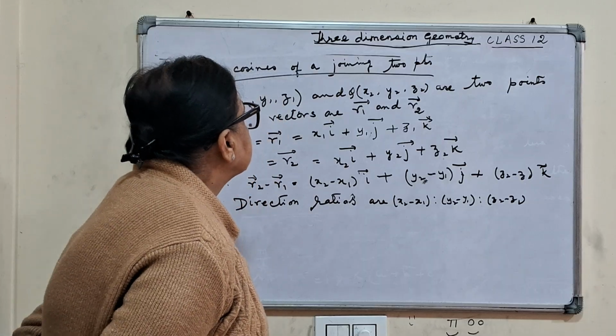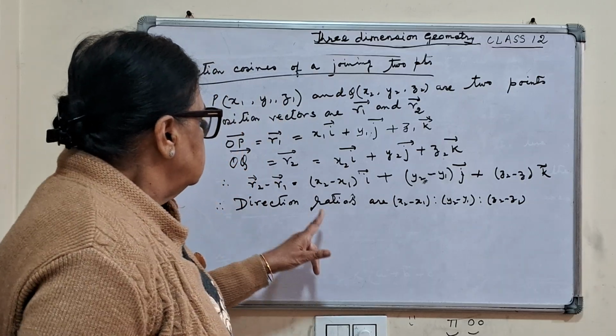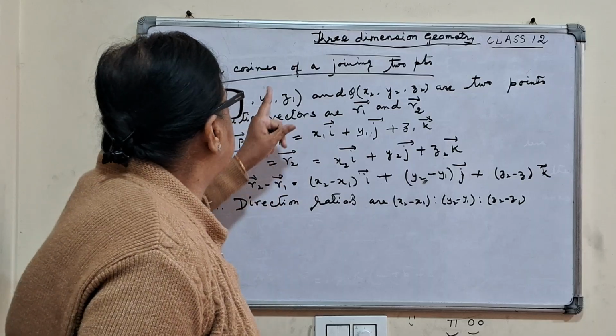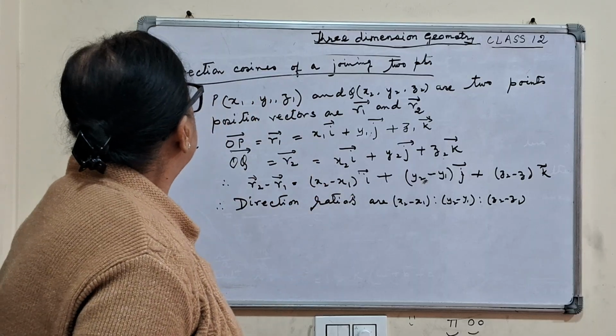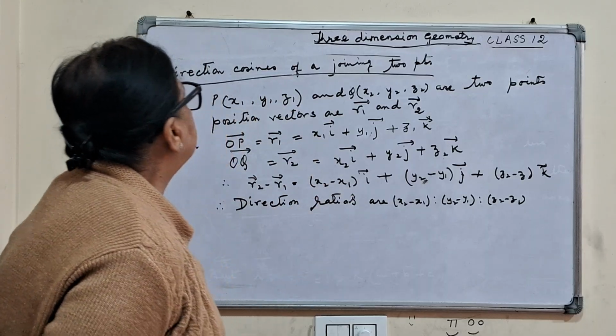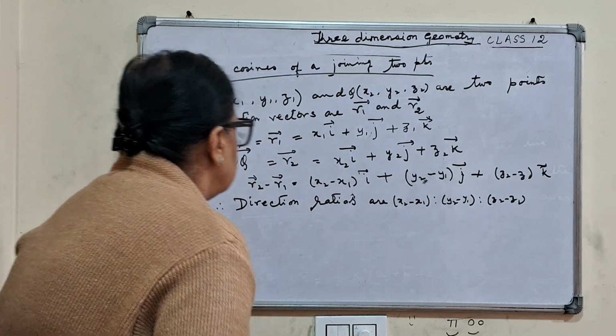This is the direction cosines of a line joining. They are ratios.